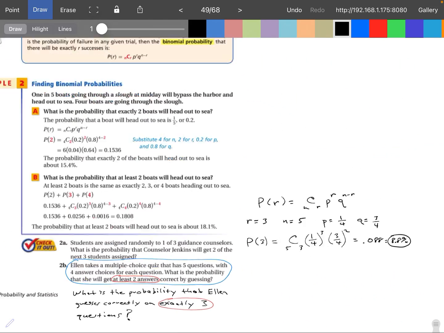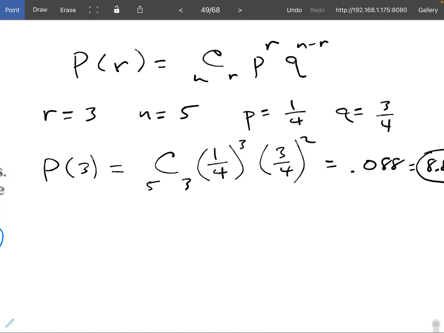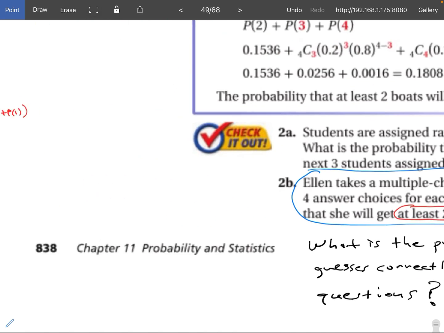The R changes, so we're going to change this. But the n is still 5. There's still 5 questions. The probability of success on each question is still 1/4, and the probability of failure on each question or each trial is still 3/4. So none of that changes. So let's see if we can do this.